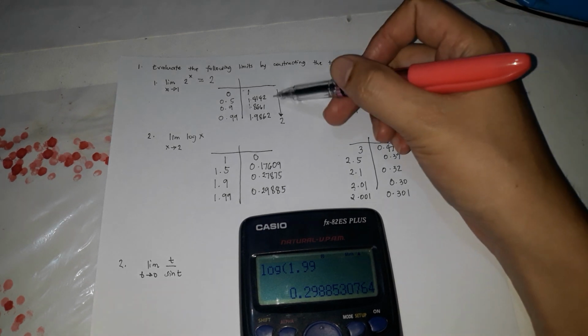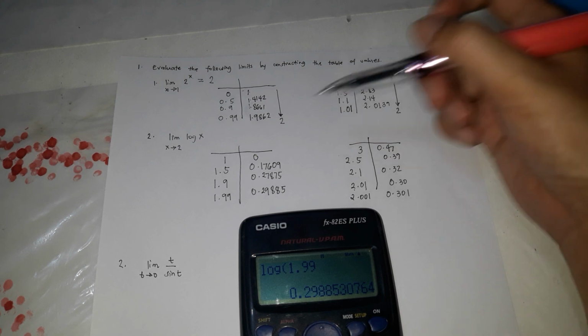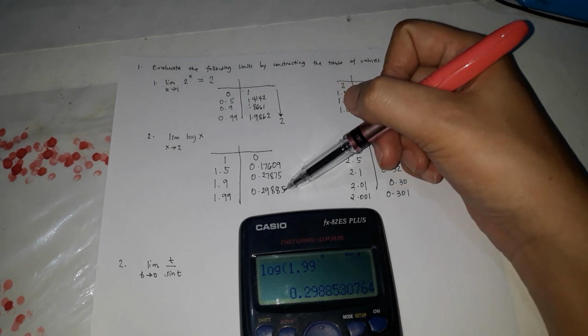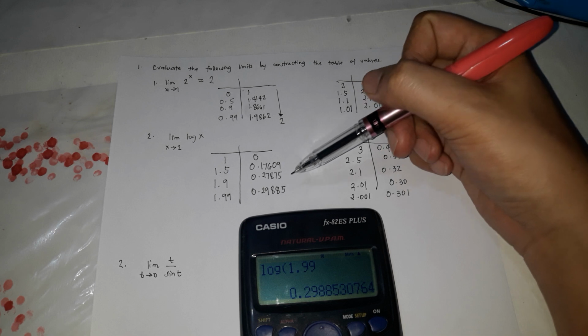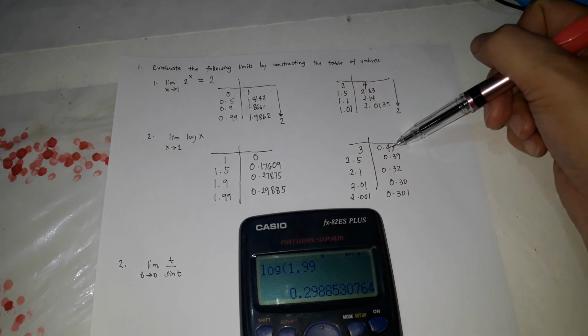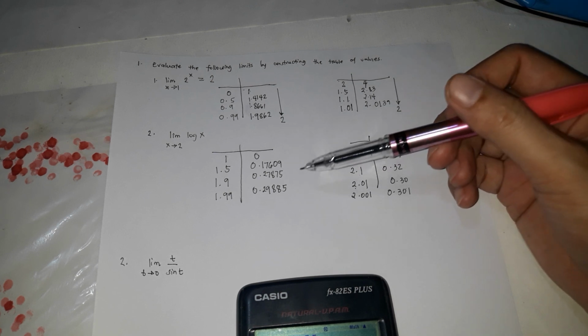Both sides approach 2 in x, but the values here head toward 1 and are still far from 1. So the answer could not be 1. On the other side as well, it does not approach 1. So in this side, it approaches actually 0, and here it approaches 1. So the answer could not be a whole number.